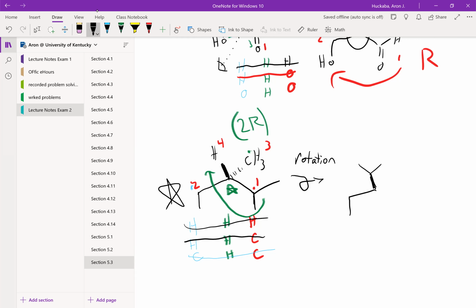The CH3 on a dash is now going to be on this normal bond. Make the wedge a little wedgier. There we go. So that's a CH3. And the hydrogen is on a dash.